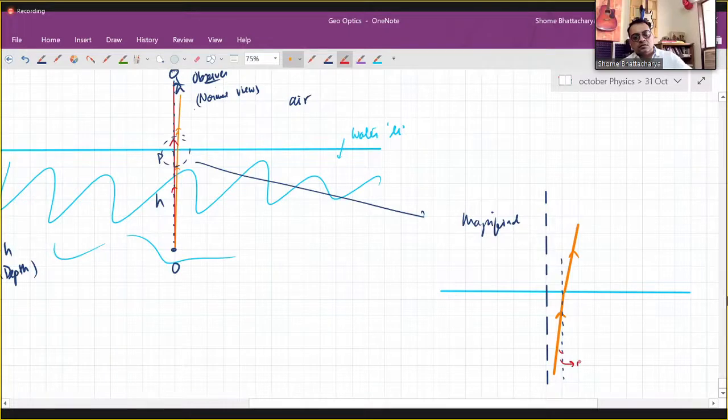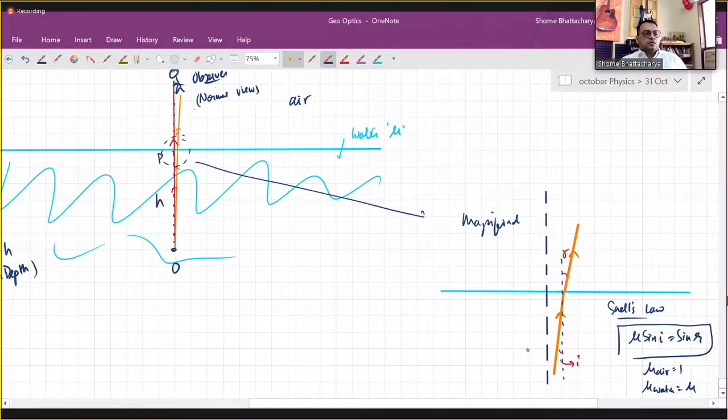You can see this is the angle of refraction. Okay. So by Snell's law, mu sin I is equal to sin R, because the refractive index of air is 1 and the refractive index of water is mu.